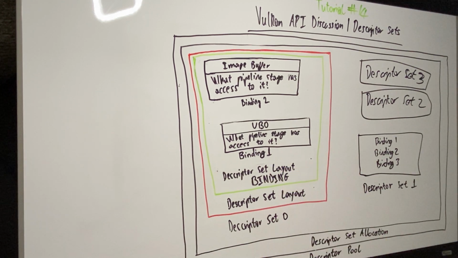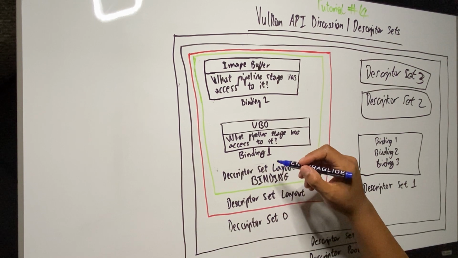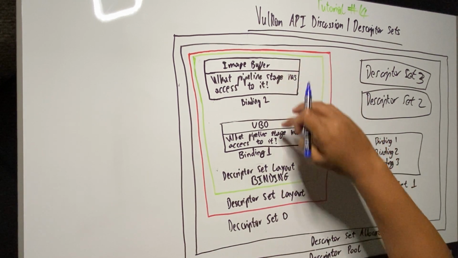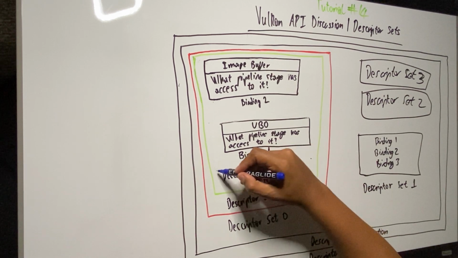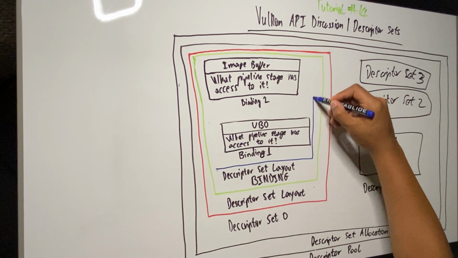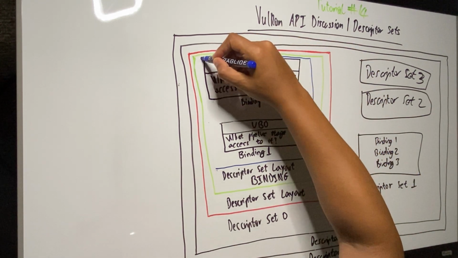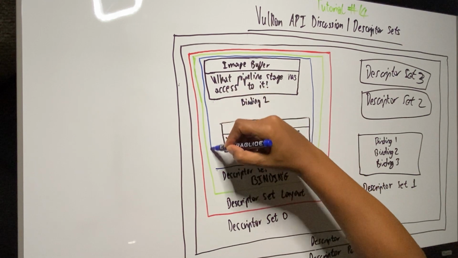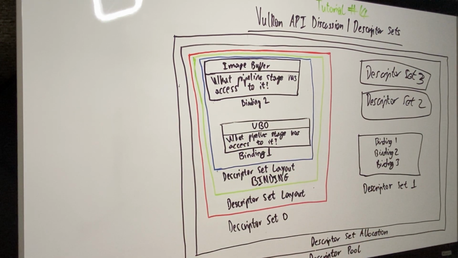This descriptor layout conversation is encapsulated, or the binding conversations, binding one and binding two, is encapsulated within the descriptor set layout binding.